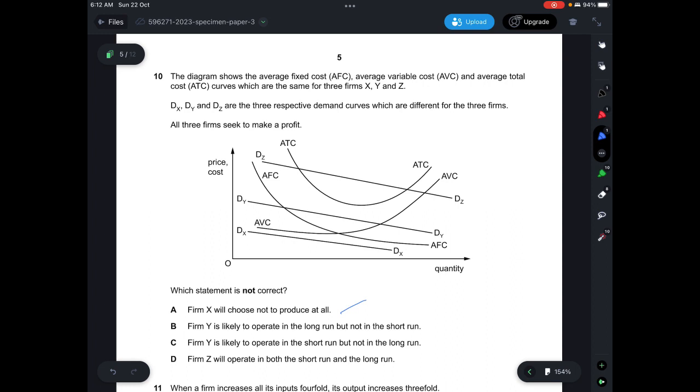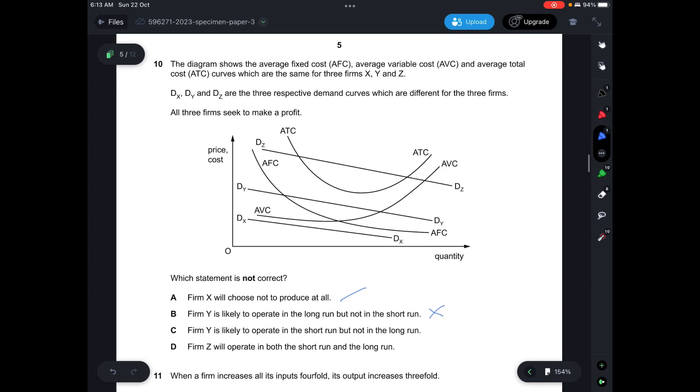But then in the long run, the average fixed cost will be lower than the average variable cost. So to say that firm Y would operate in the long run but not in the short run is actually incorrect. But if you were to say that firm Y is going to operate in the short run but not in the long run, then this is correct.